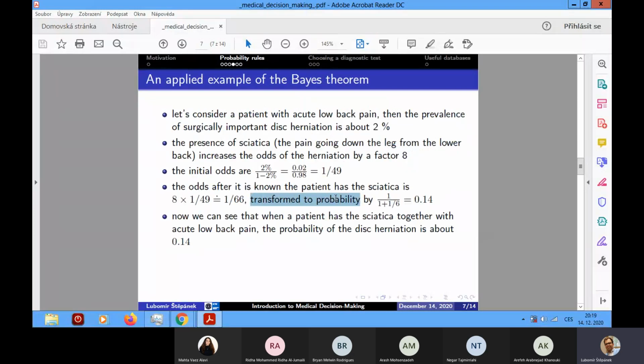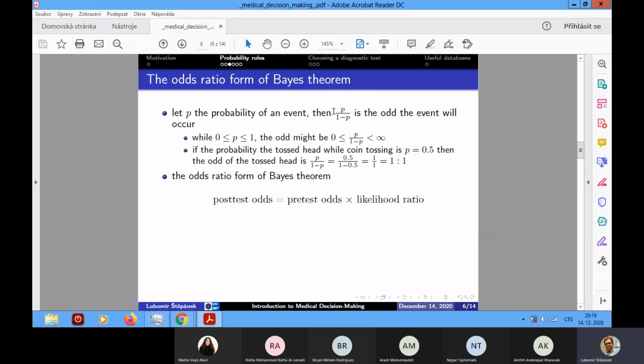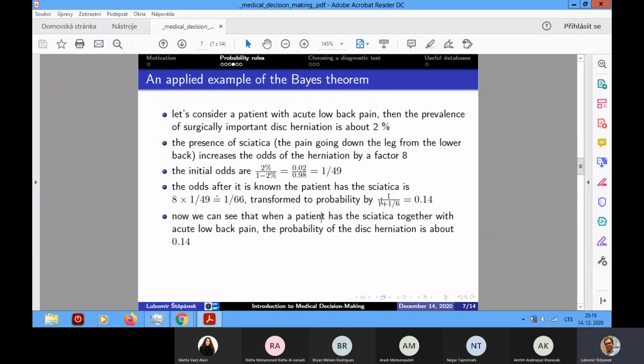And it could also be transformed to probability by reverting this formula. If we know the odds, we can transform it to probability by calculating 1 over 1 plus the odds. I'm sorry, there is a typo. There should be only 1 over 6.